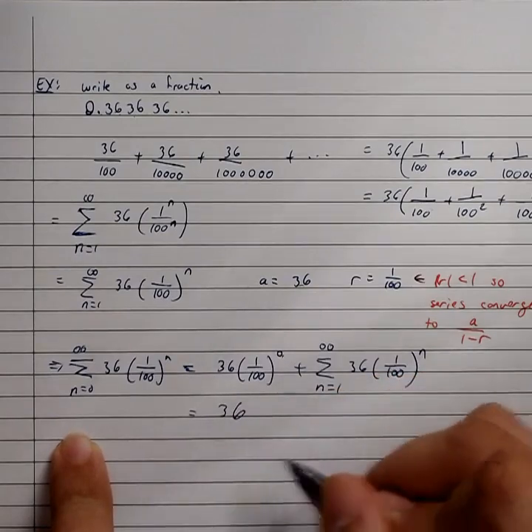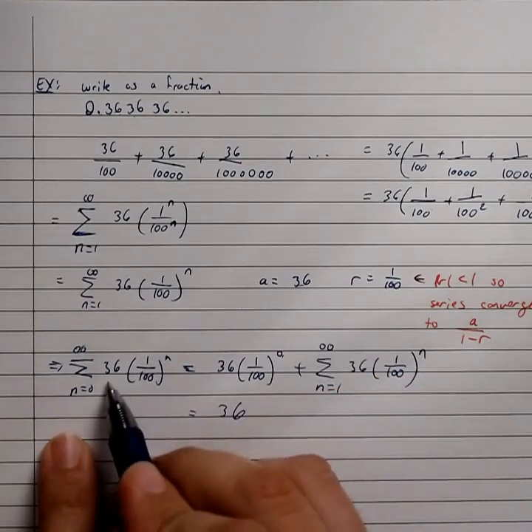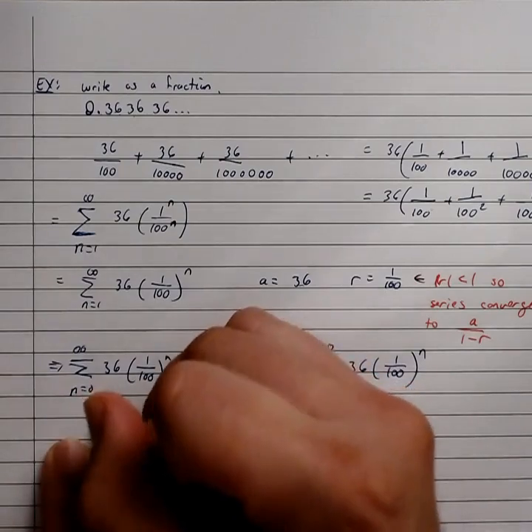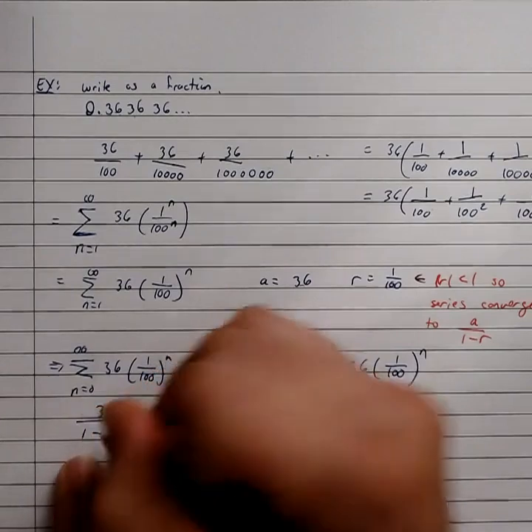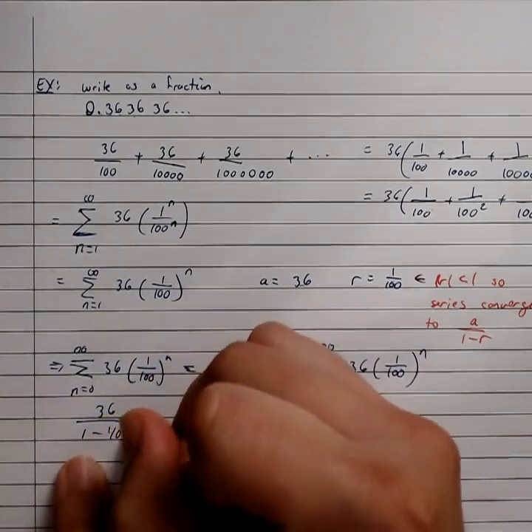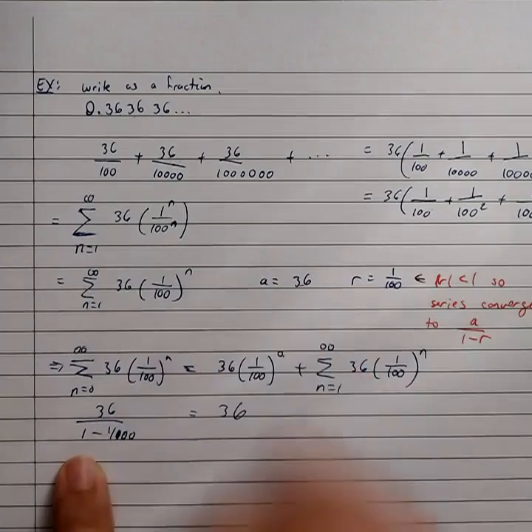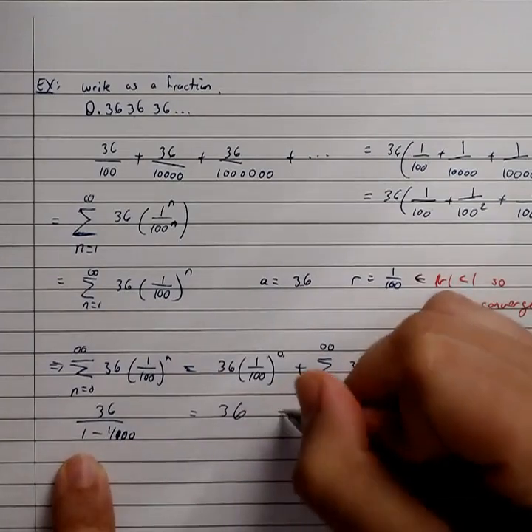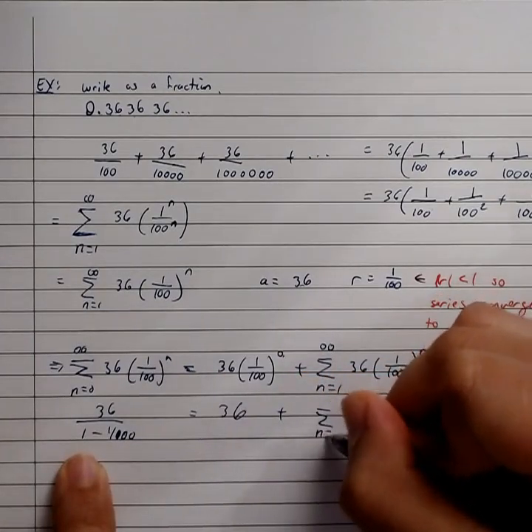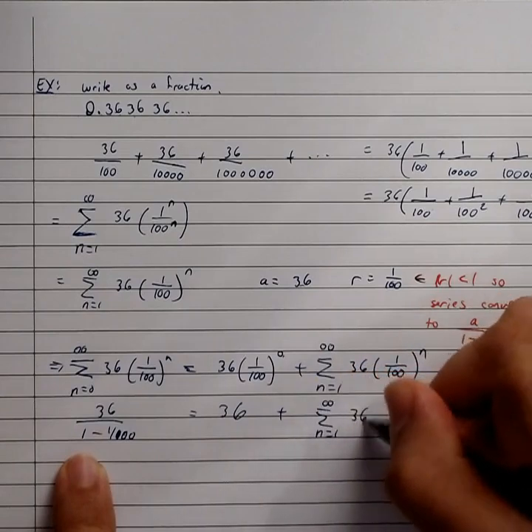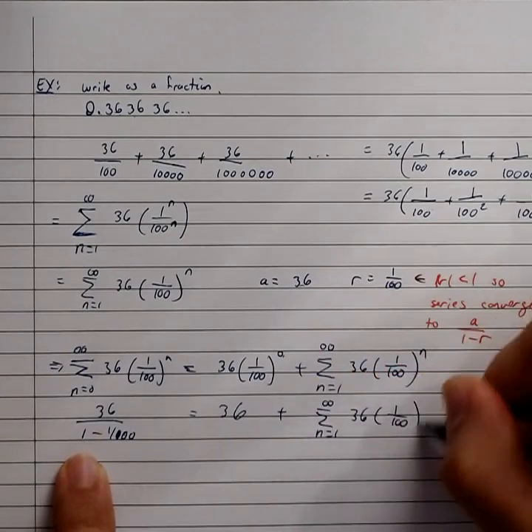All right, awesome. Here, that's a divided by 1 minus r. So 36 divided by 1 minus r, plus the sum as n goes from 1 to infinity of 36 times 1 over 100 to the power of n.